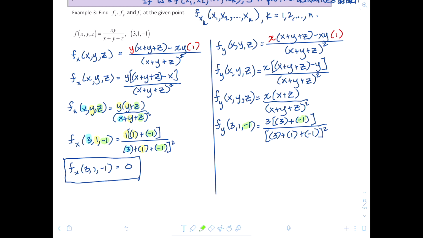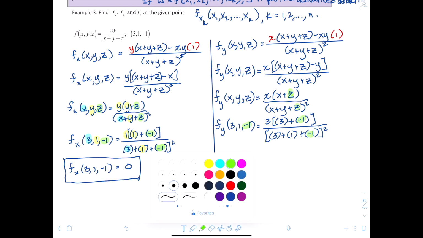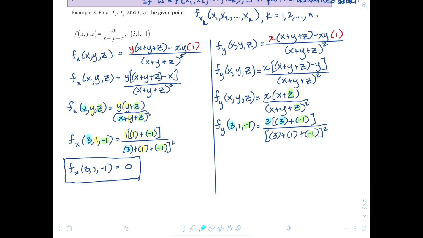So again, matching up what I'm plugging in for. This time, the slope in the y direction will be, let's see, 3 plus negative 1 is 2, so we'll have a 6 in the numerator, and over a 3 squared, which is 9.